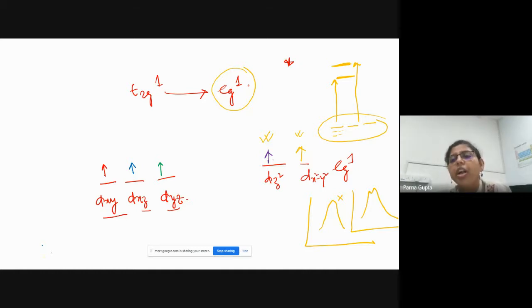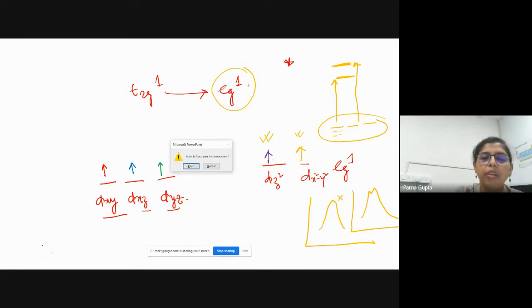From the spectra, you cannot distinguish the difference. There are definitely a little bit of differences there, but it is not reflected. So this is the explanation. I shall give the explanation, but I think you have understood this.